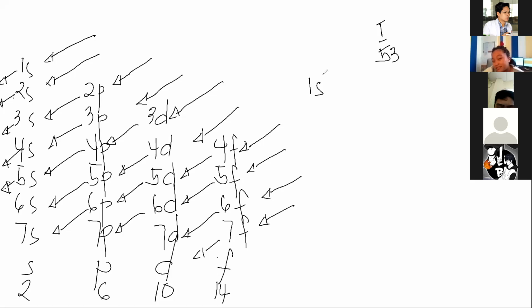How about the number of electrons? 2. Again, next, 2s2. Okay, next. 2p6. Correct. What else?